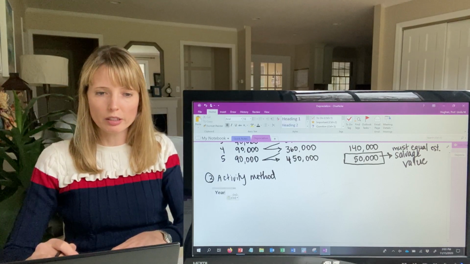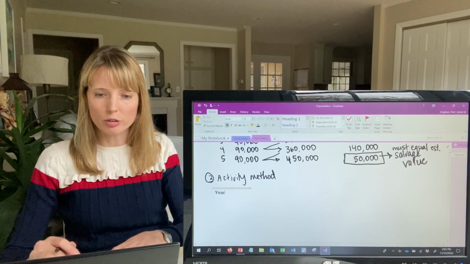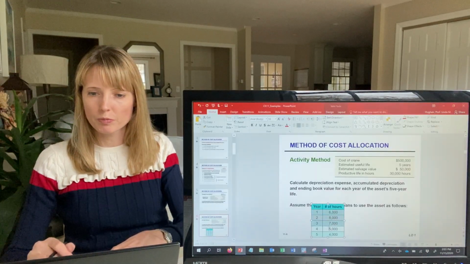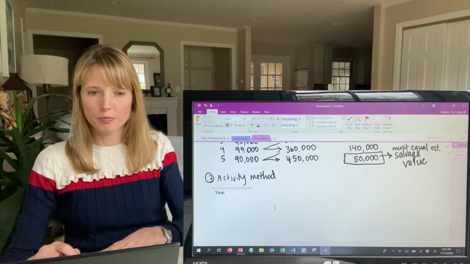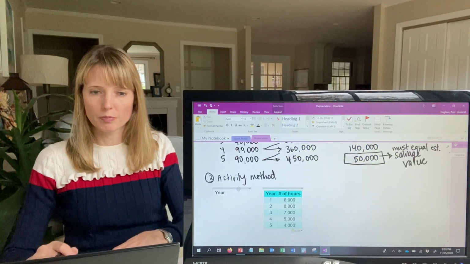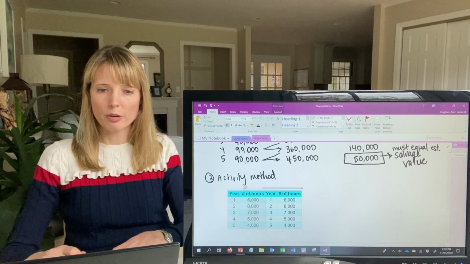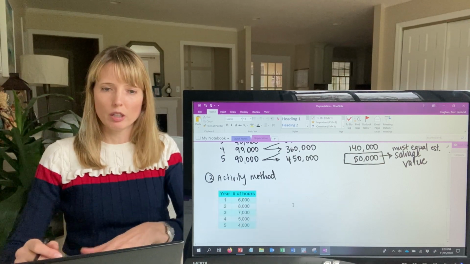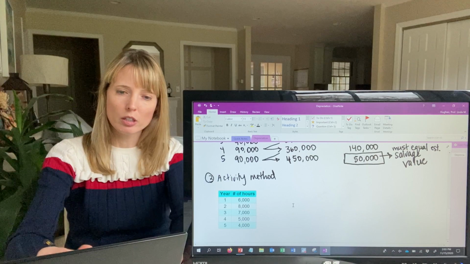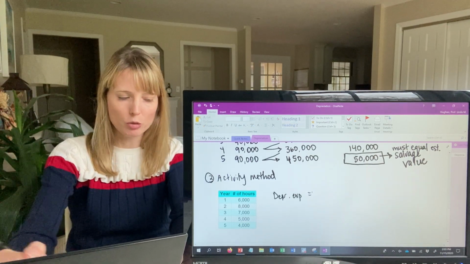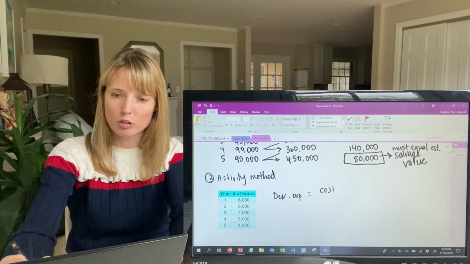So we need to know exactly how much this asset is going to be used. And here is our actual activity. Okay, so for the activity method, depreciation expense for a period is going to look like the formula for straight line.